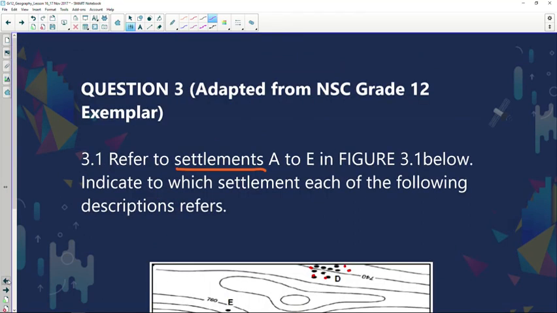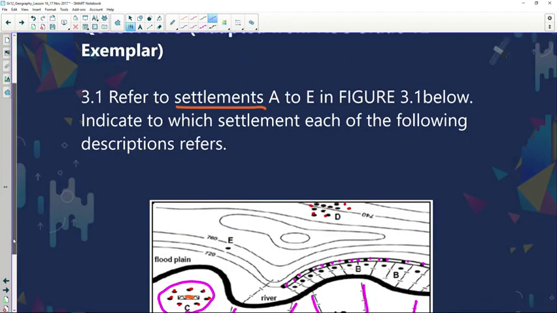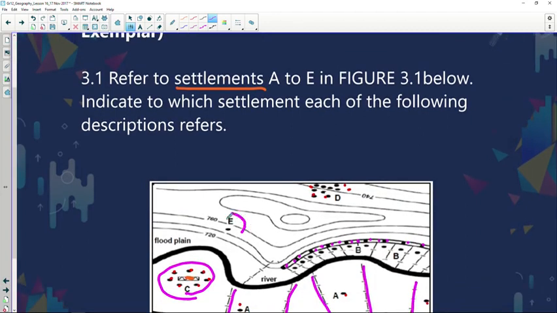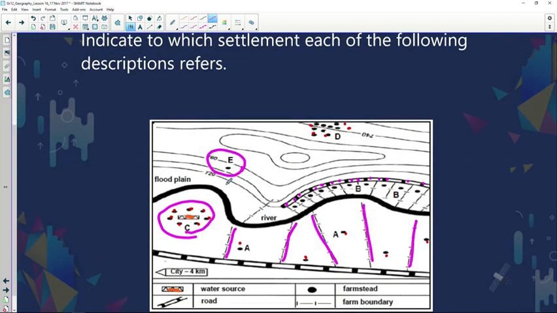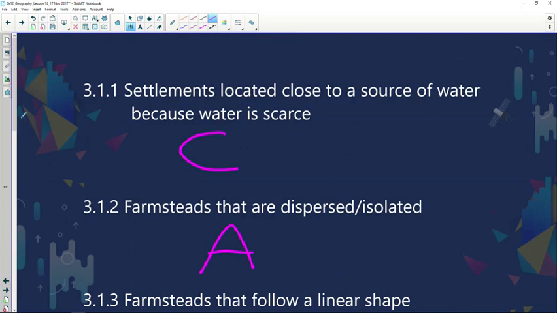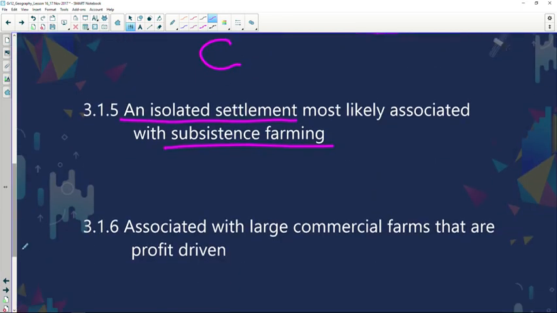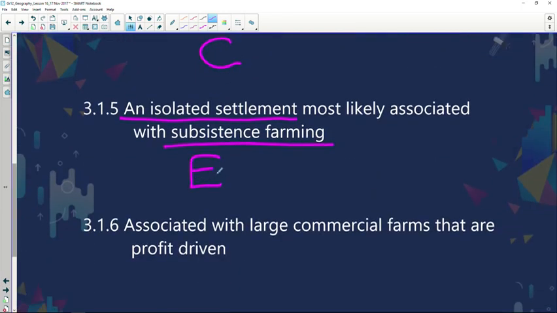The correct answer will be E. Have a look over there, isolated far from one another. You can see there's no farm boundaries, so it's basically subsistence farming taking place over there. So the correct answer is number E.